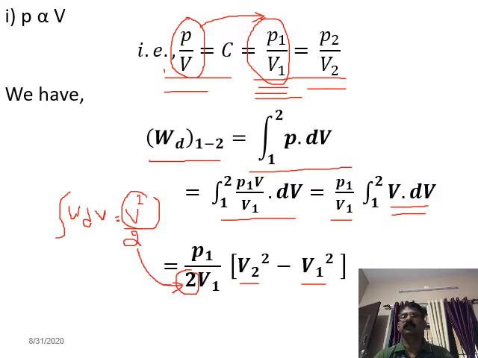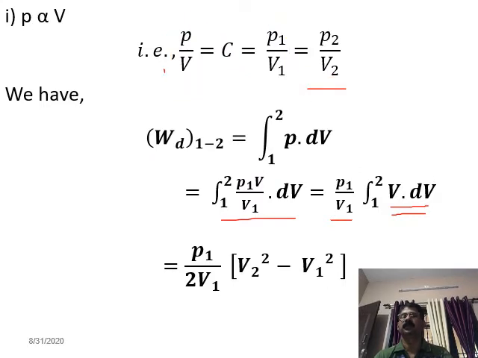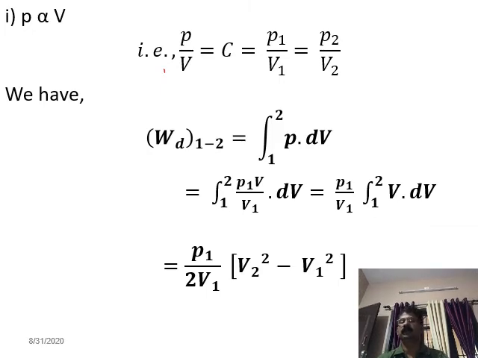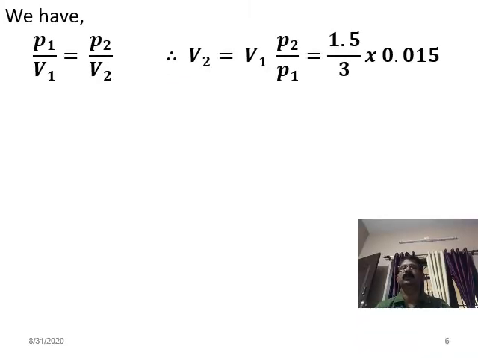Now you have to substitute all these values, that is P1, V1, and V2, and you get the answer. Before you substitute in any problem, ensure that you are given all the data. Here you don't know the value of V2, but you need not worry.